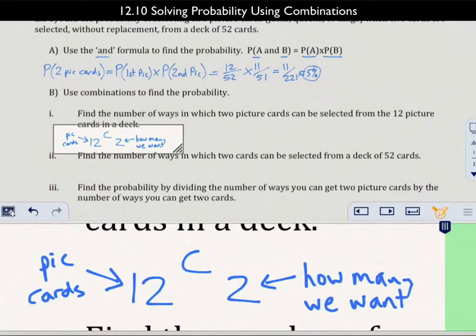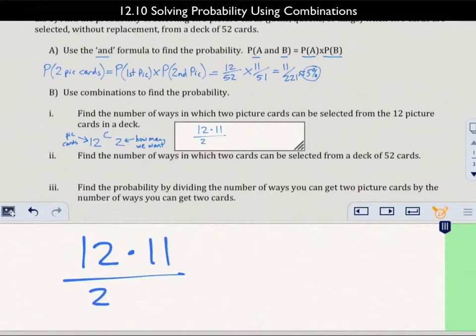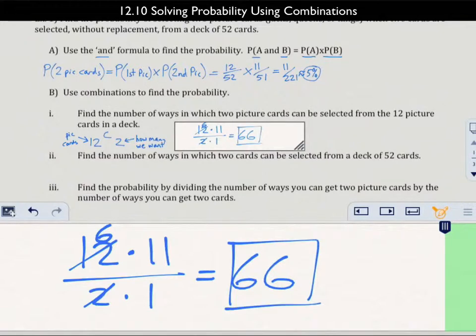This is going to give us all the combinations of getting these two picture cards. So here we have 12 times 11 over 2 times 1, and that's 66. And so we get 66 ways of getting two picture cards.